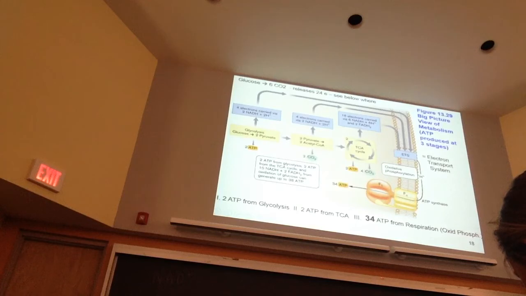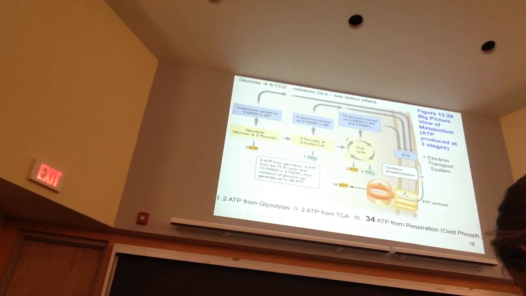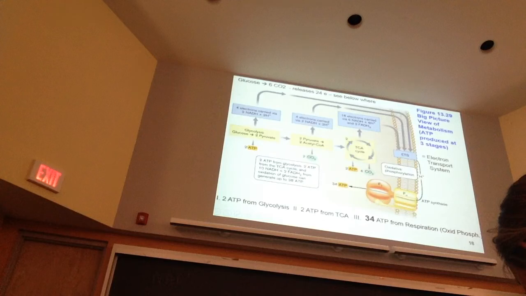So most of the energy still is in the form of electrons at this point. You've only produced 4 ATP. So then how do you make a whole bunch more ATP? It's all these arrows going to the electron transport chain, the ETS, the electron transport system, and respiration, oxidative phosphorylation, where ATP synthase is used to make all those ATP.